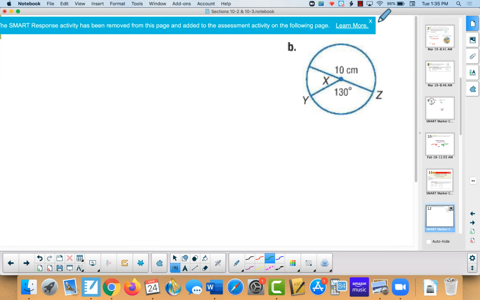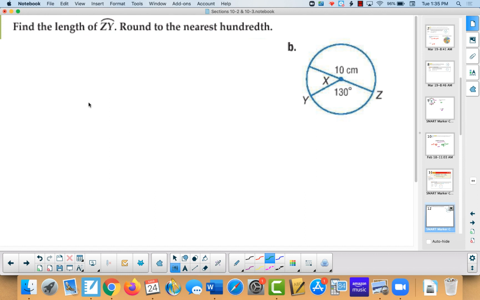So in this case, you'll notice that they're asking for the length of arc ZR. That's how you know that they don't want the degree measure, they want the length, and that you need to use the proportion. So if we set up the proportion, we know that the central angle for arc ZY is 130. The whole circle is 360. The arc length is what we're looking for.